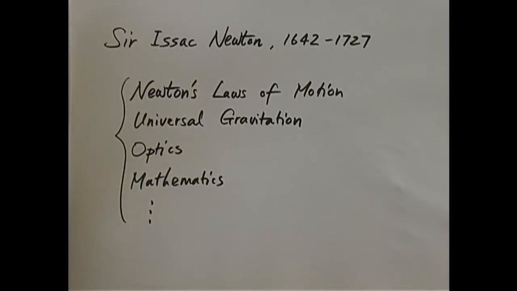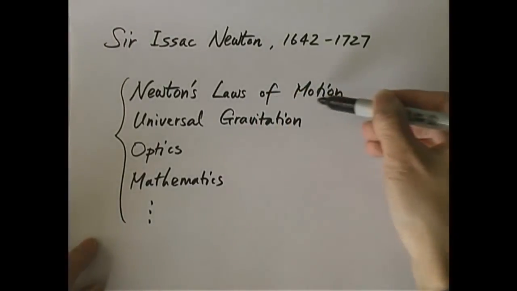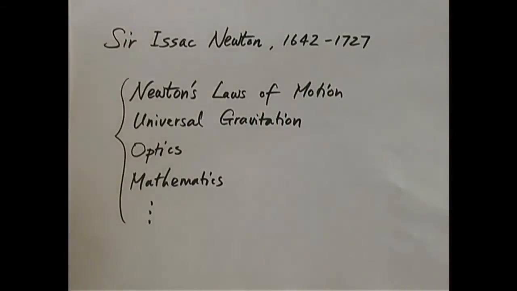As you probably have heard, he invented the mathematics of calculus, independently of Leibniz. So certainly he was one of the most important figures in the history of science, and we owe our understanding of classical mechanics mostly to the great works of Sir Isaac Newton, especially Newton's 3 laws of motion, which we'll study in this chapter.